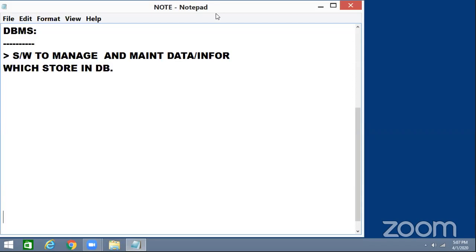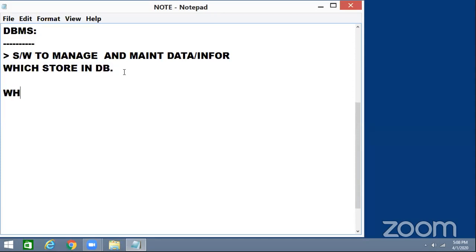It is the software which is used to manage and maintain data or information in a database. Okay, right. So now this is what DBMS is.